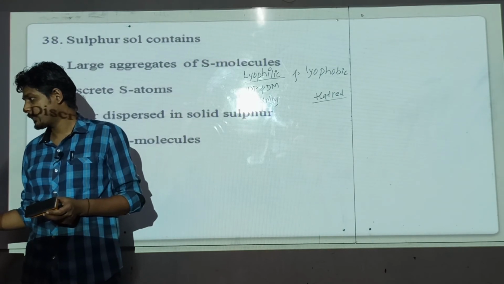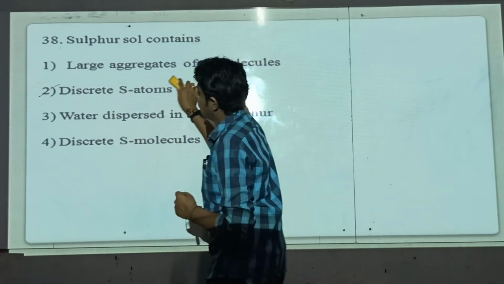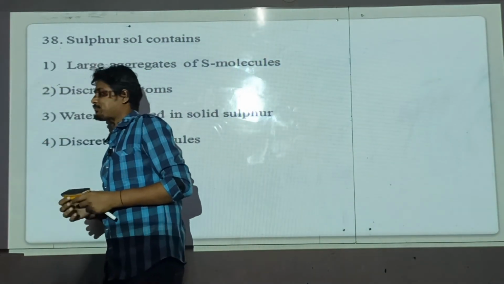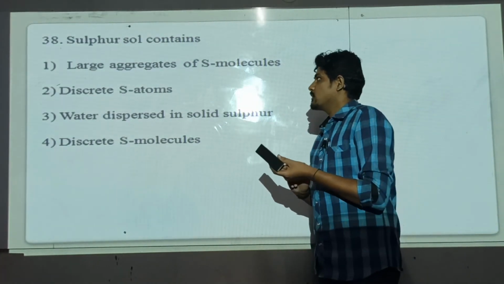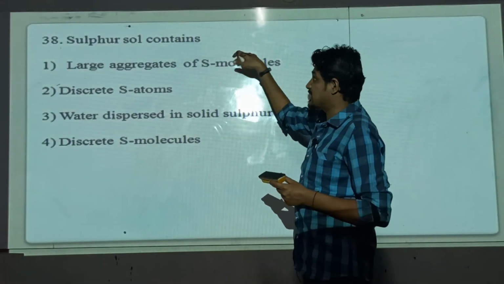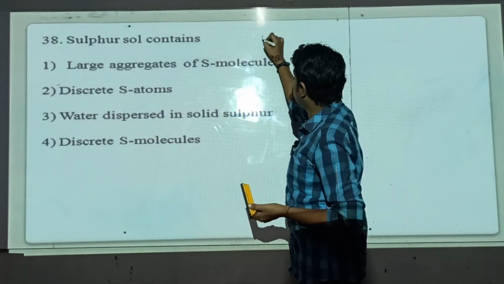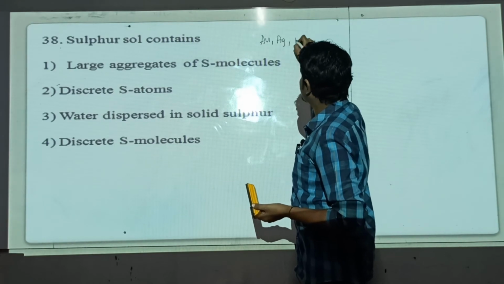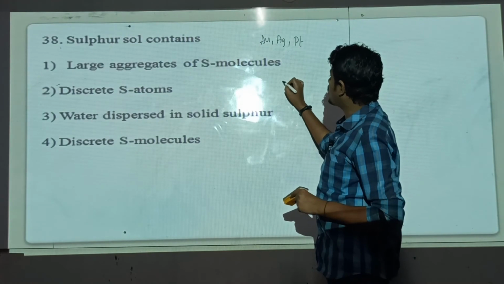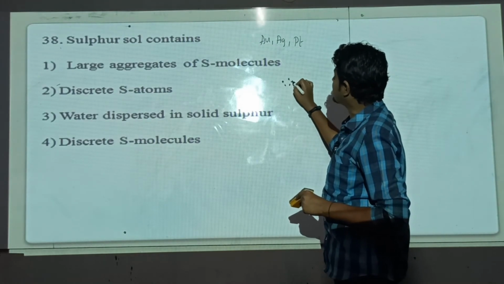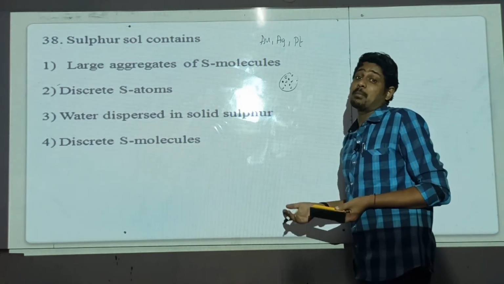Next question: a sulfur sol contains what? This question appears sometimes. If you take metals like gold, silver, platinum, these are small particles that get collected and become colloidal particles.